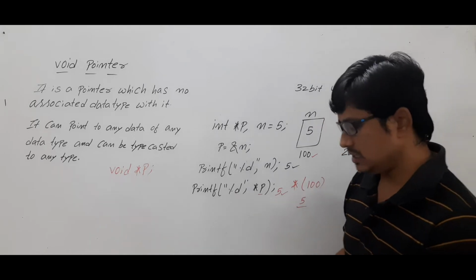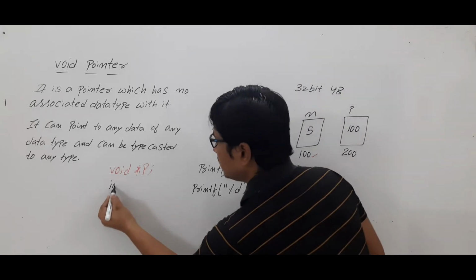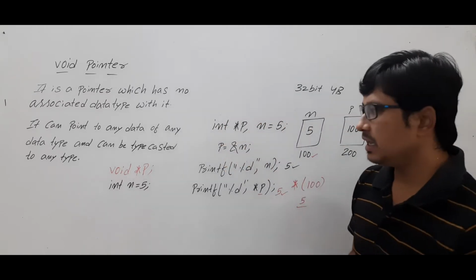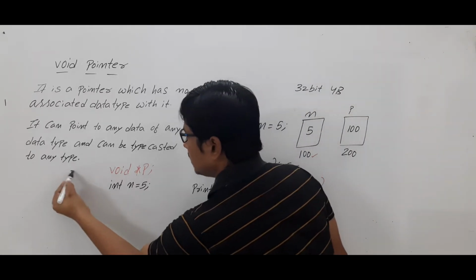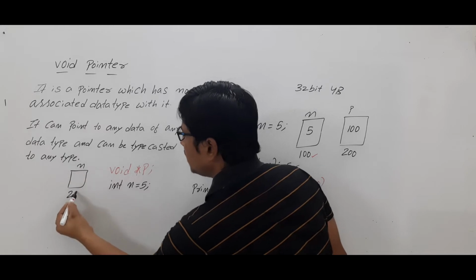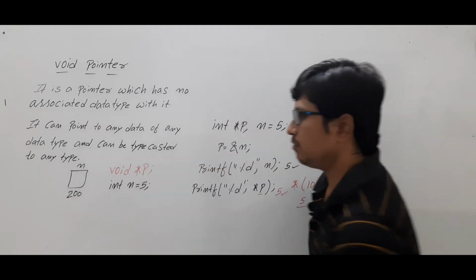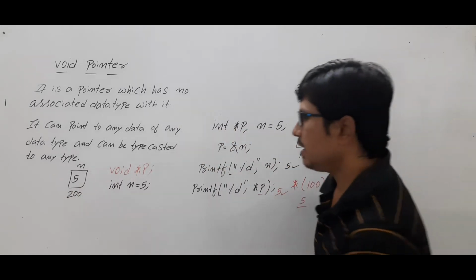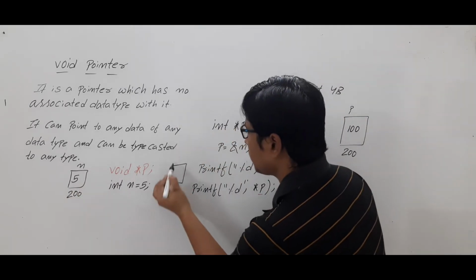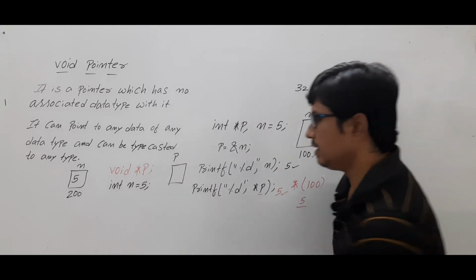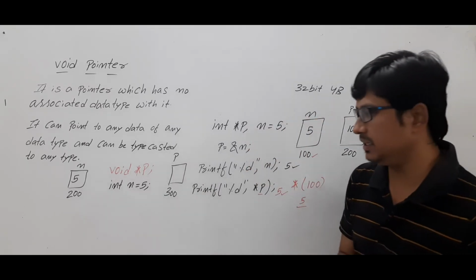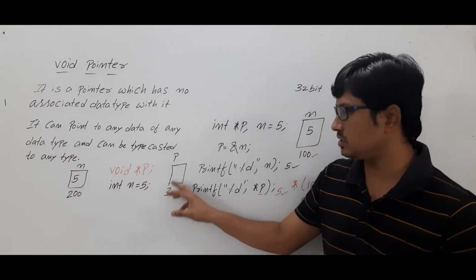Let's take that I have declared an integer variable n and assigned the value 5. Let's assume that in some 200th byte address, the variable n has been created and assigned a value 5, and the void pointer p is there in the address location 300.